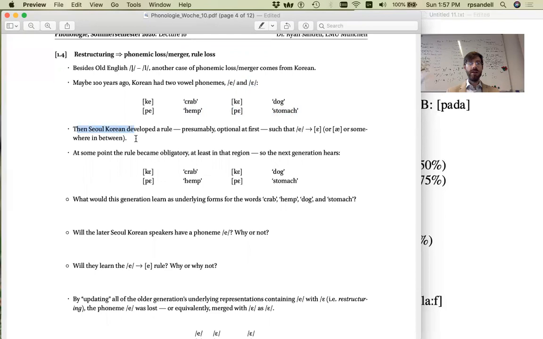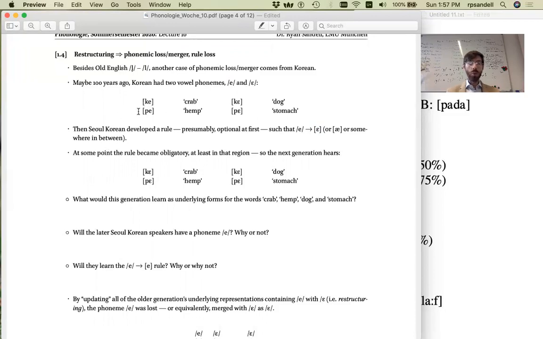And in the dialect of Seoul, we can assume that, just as we described for the English laterals, a new optional rule arose, which stated that the tense mid-vowel A could be realized as the lax vowel E, and for some speakers even lower, perhaps somewhere in between E and A, but we won't worry about that distinction for the moment.